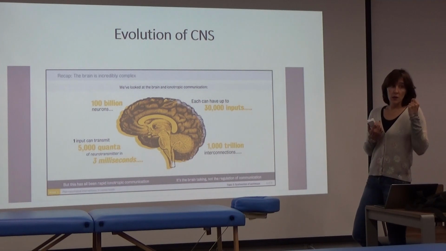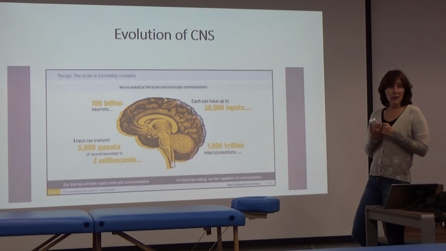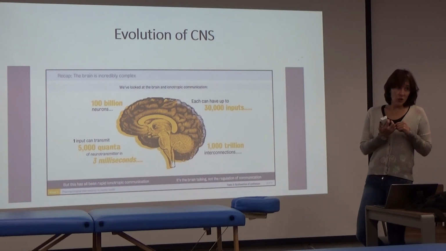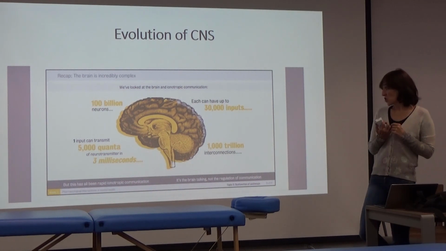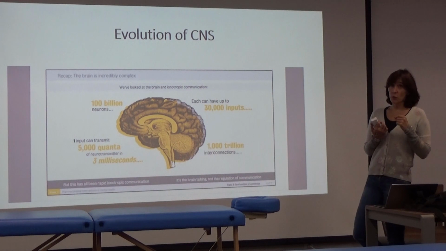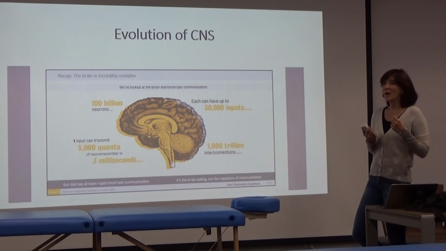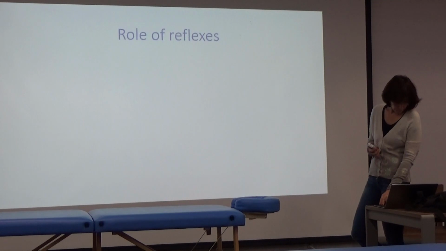Each of those 100 billion, each one can have 30,000 connections with other neurons. Each connection can exchange 5,000 pieces of information in 3 milliseconds. And altogether we make over 1 trillion connections. It's really incredible.